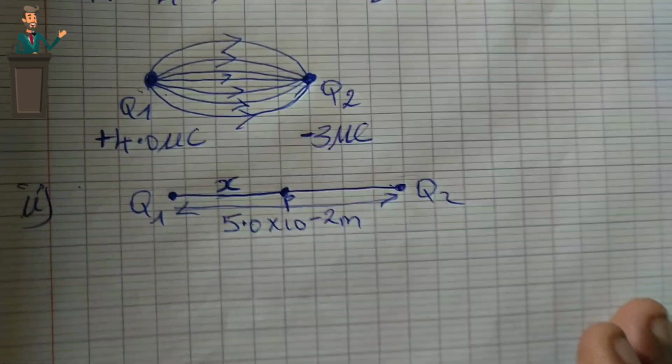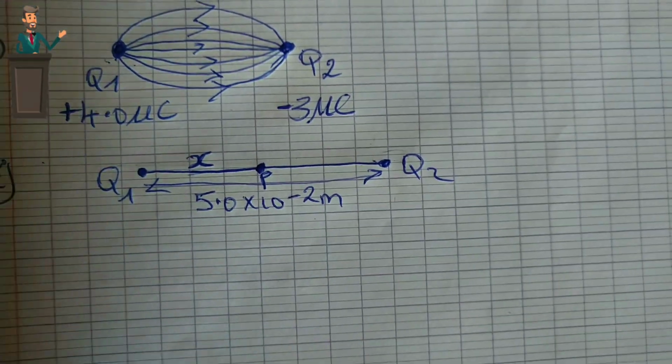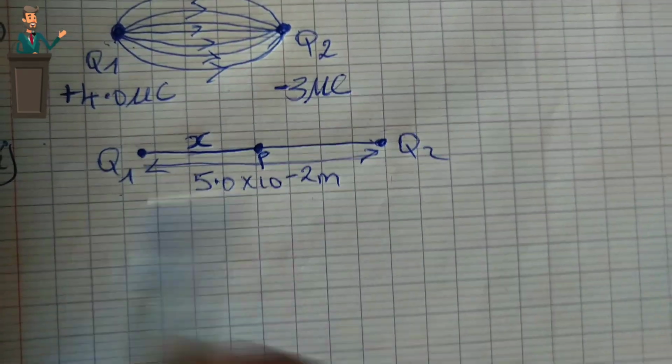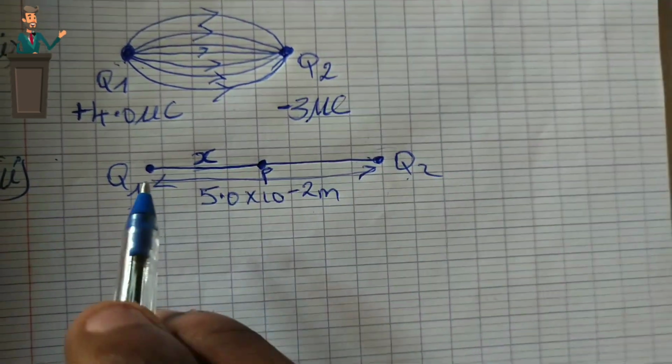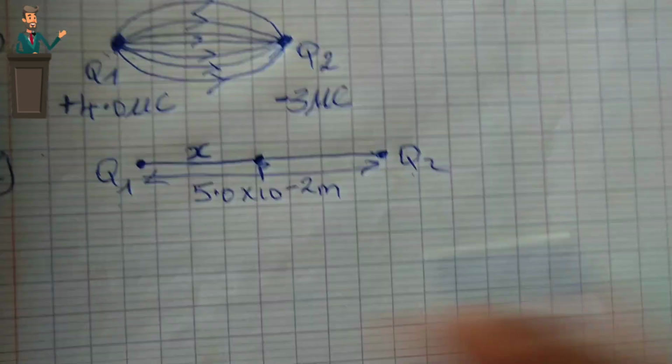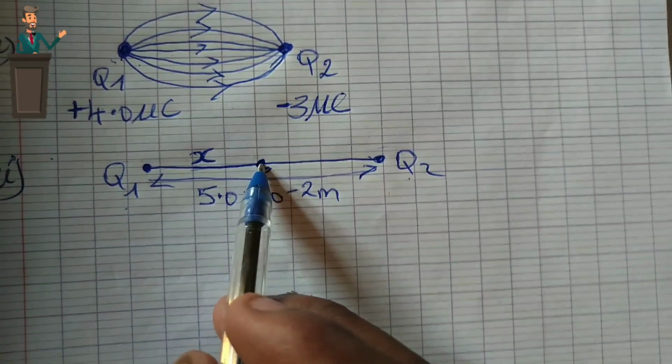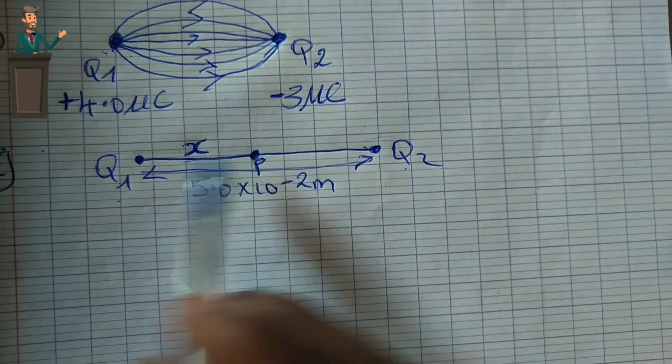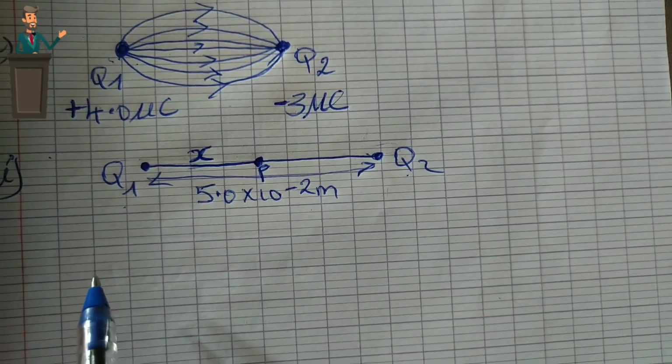Now let us see what is going to happen. We know Q1, we know Q2, and we know the distances, and we need to find this distance x, that position where the electric field strength will cancel out.